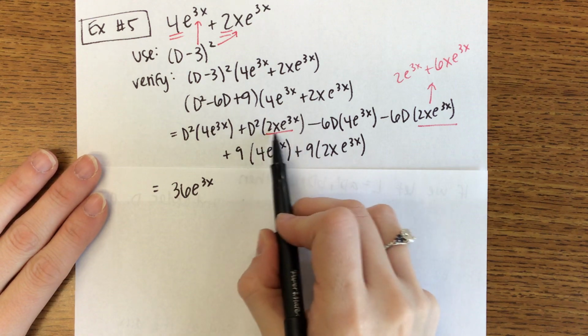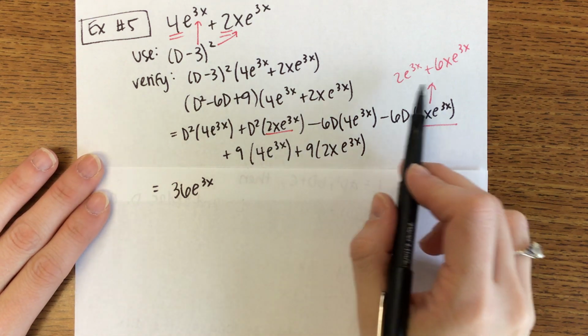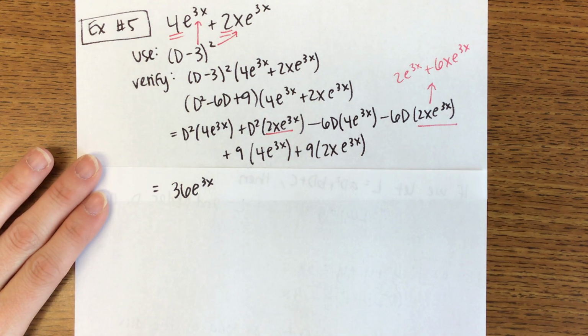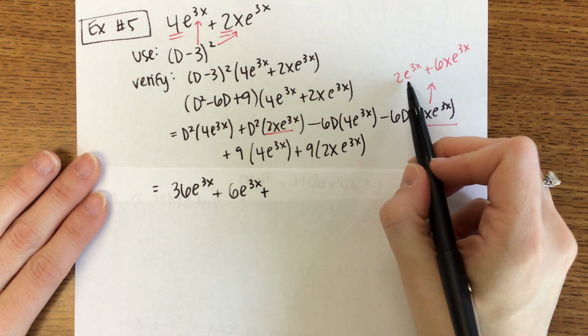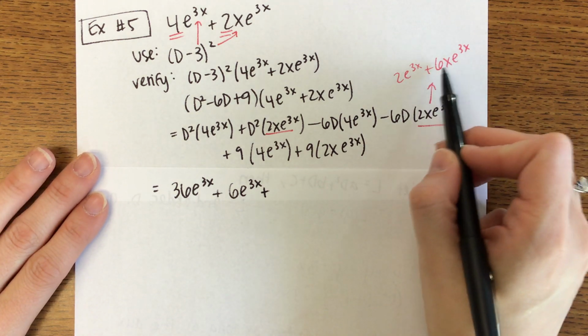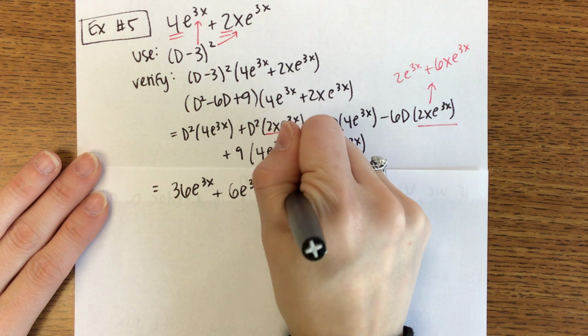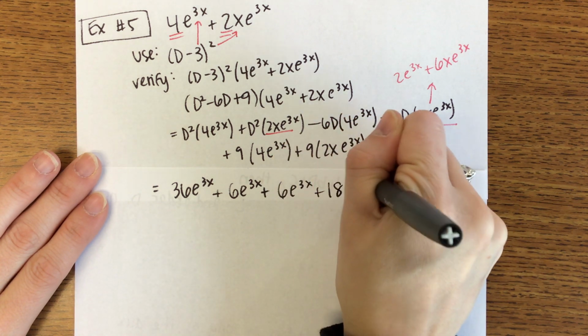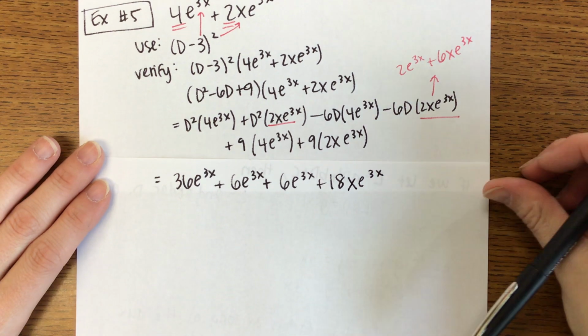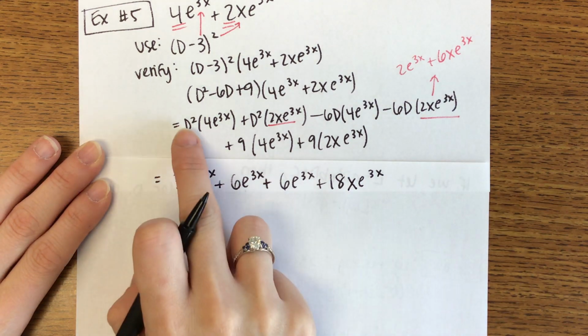Now, that's the first derivative of this expression. We have to take the derivative again. So when we do that, we're going to get 6e to the 3x from that first term. Second term, we're going to have to do product rule again. So we get 6e to the 3x plus 18x e to the 3x. So this now takes care of those first two.